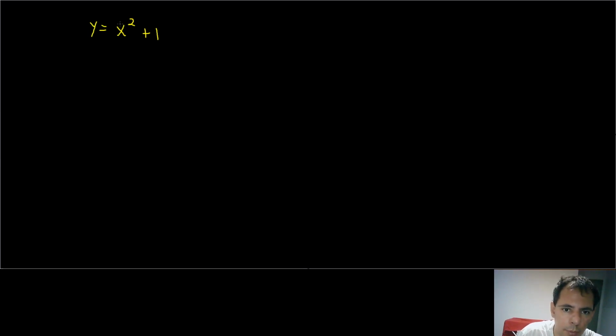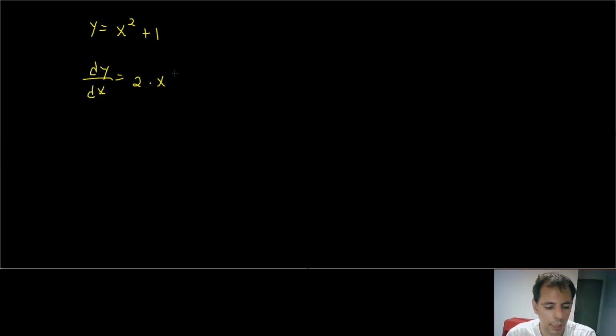So we're going to find dy dx. You bring the 2 down, so it's going to be 2 times x to the 2 minus 1, which is 1. Plus the derivative of a constant, which is 0. So it's just going to be 2x. Okay, that is the derivative.